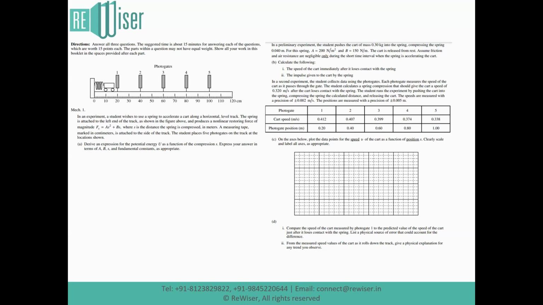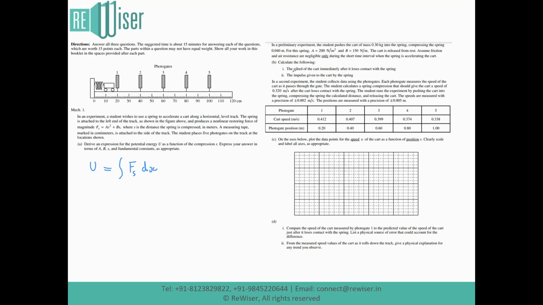Derive an expression for the potential energy U as a function of compression s. Express your answer in terms of a, b, s, and any other fundamental constants. Here we notice that the potential energy stored is a function of the restoring force F. In fact, the potential energy is the integral of the restoring force Fs with respect to x, where x is the displacement.